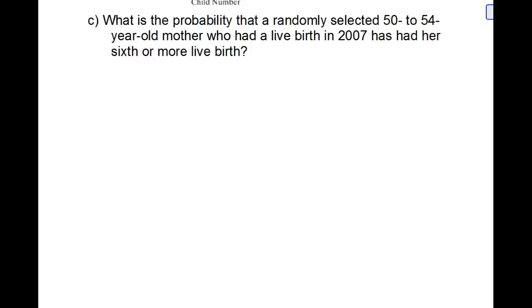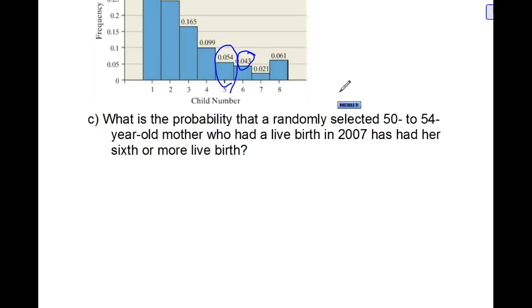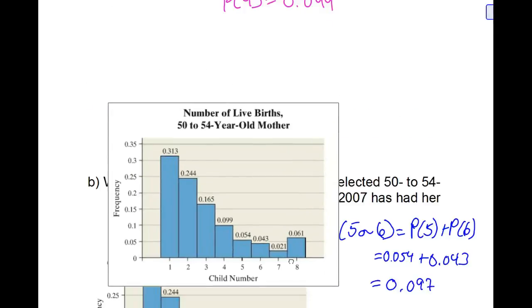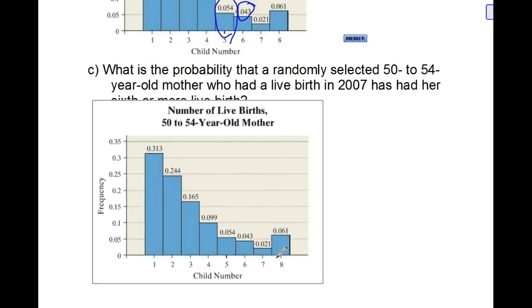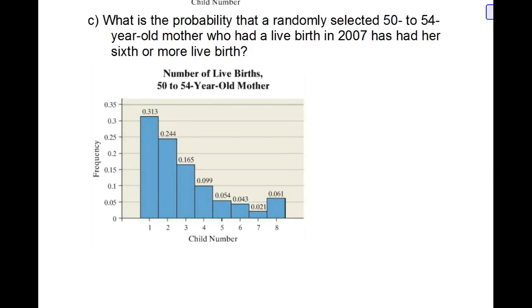Okay, so continuing on, if we want to look at the probability that a randomly selected 50 to 54-year-old woman, our mother, who had a live birth in 2007, has had her 6 or more live birth. So this is the probability, 6 or more.